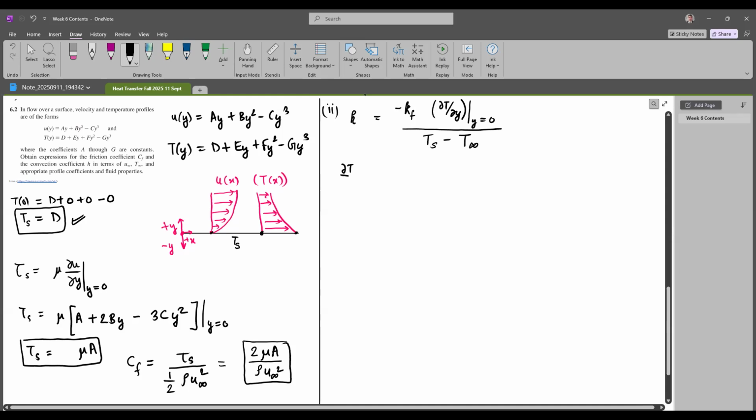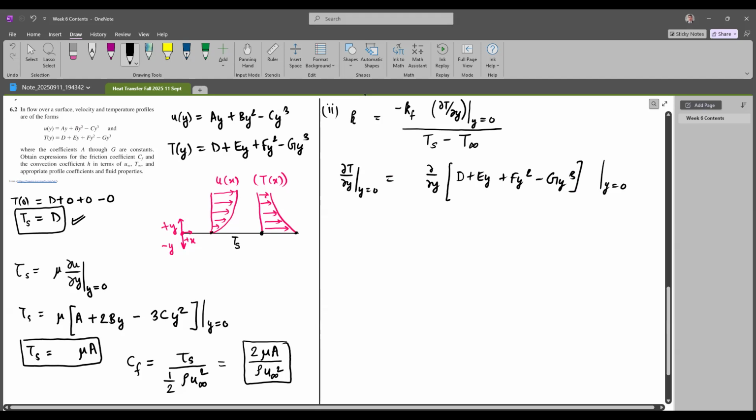So ∂T/∂y at y equals 0 is ∂/∂y of D plus E y plus F y square minus G y cube, at y equals 0.